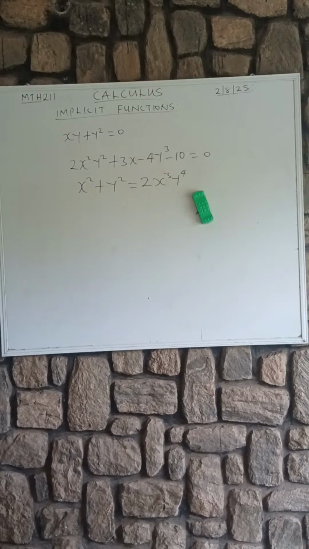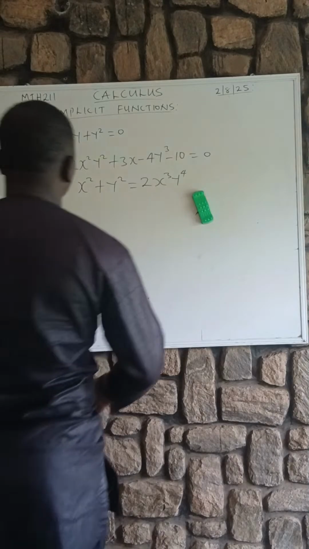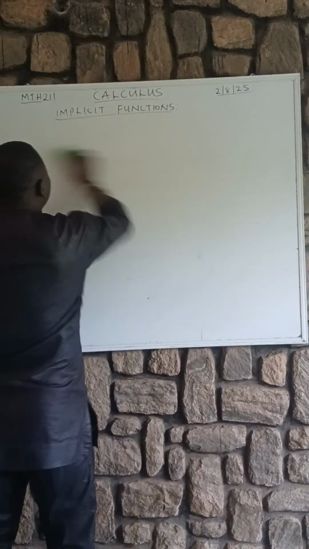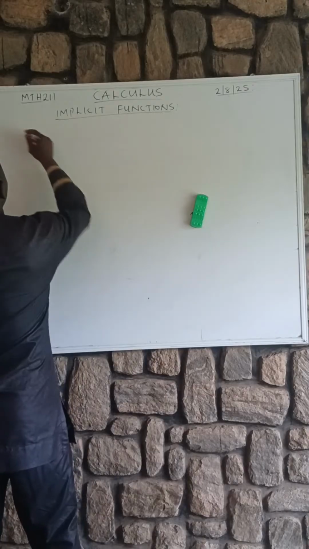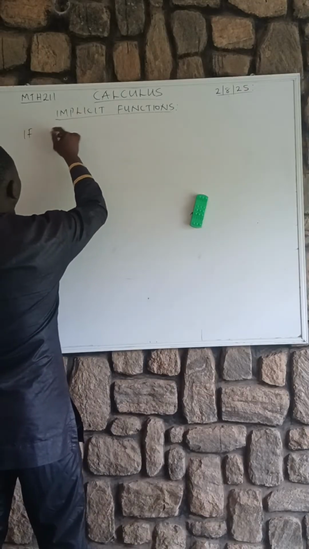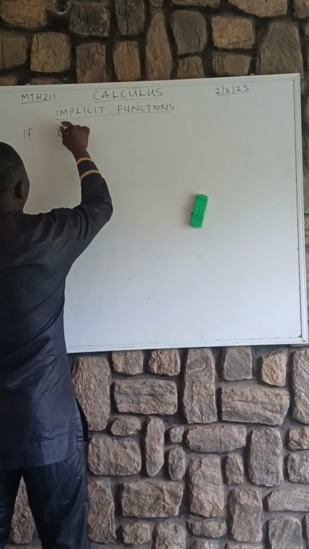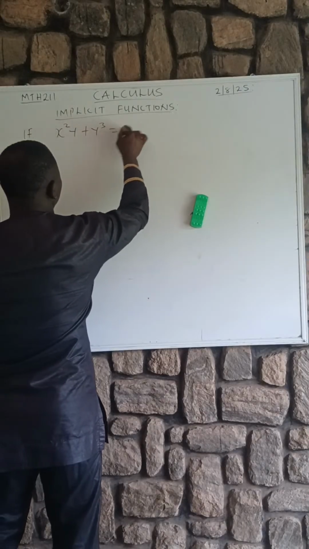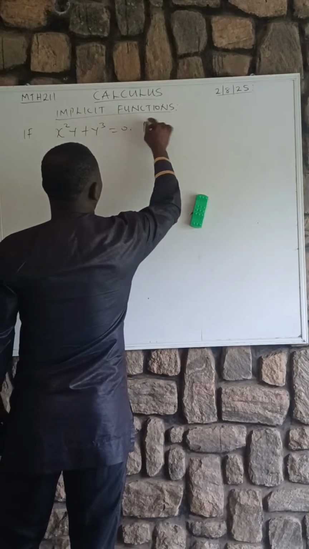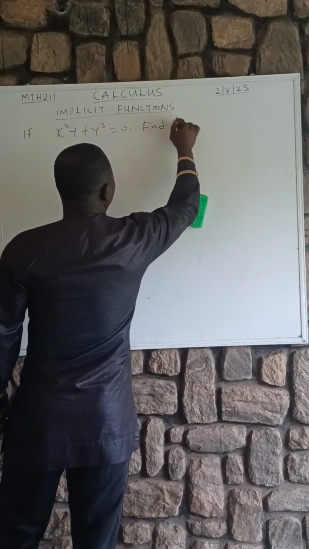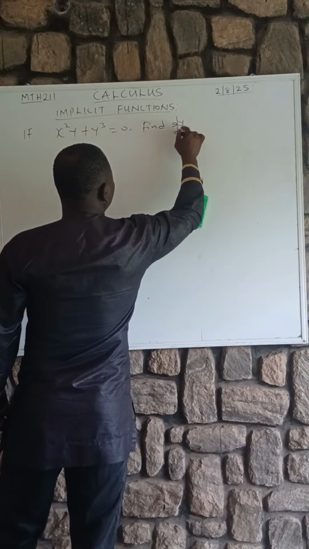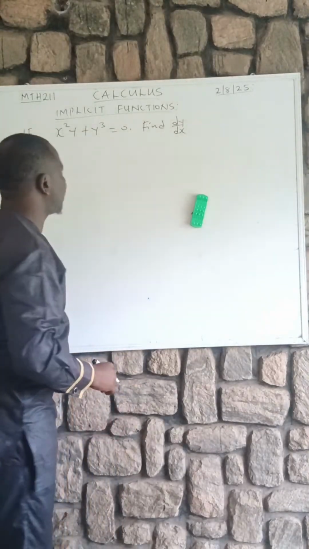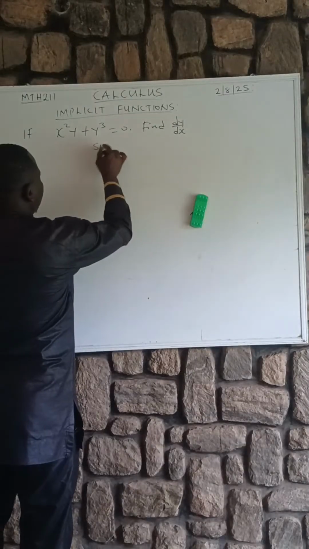Okay, so now let's look at one example to fix the idea. If x squared y plus y cubed equals 0, find dy over dx. So how can we find dy over dx? It's simple as ABC.